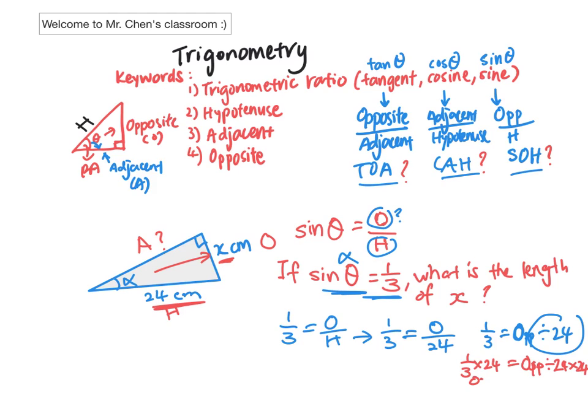After you finish the calculations, opposite will give you 8, which is 8 centimeters. So our x is equal to 8 centimeters. That is how you find any of the lengths if one of them is missing and the ratio is given.